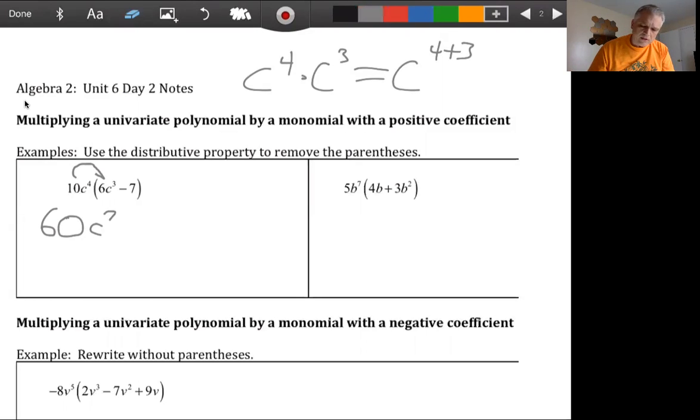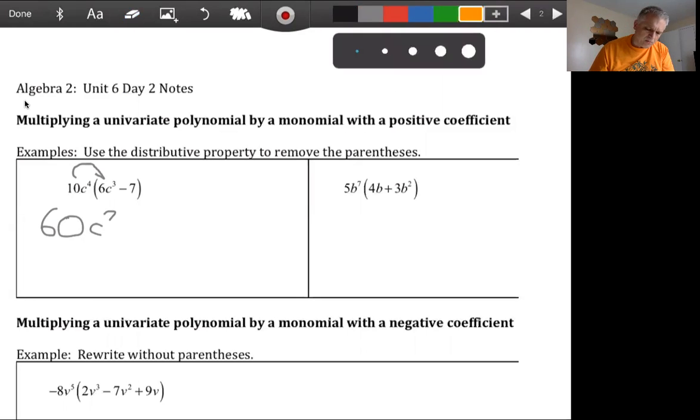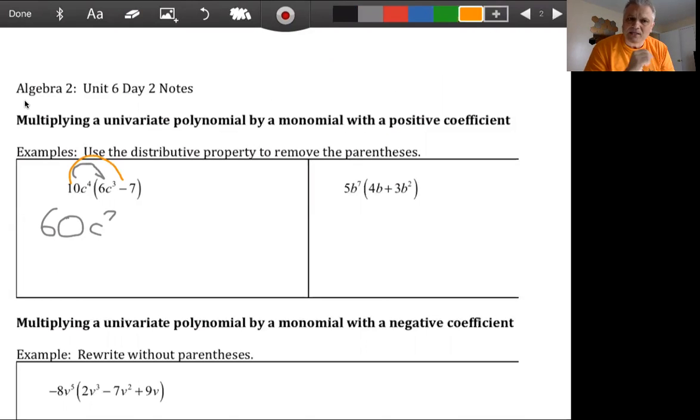The second half of what we need to do, we're going to multiply 10c to the 4th by the minus 7. So 10 times minus 7 is minus 70. And now we have c to the 4th. It doesn't have anything to multiply it by, so it just comes along for the ride. So 10c to the 4th times minus 7 is negative 70c to the 4th.